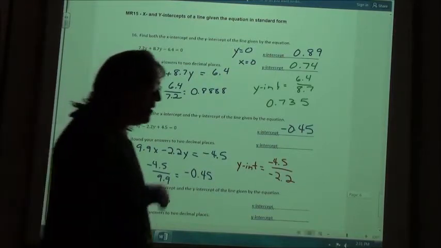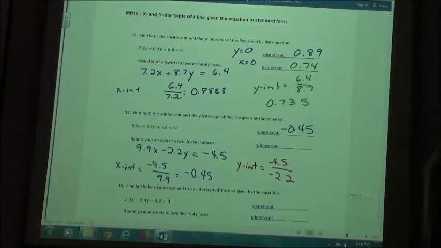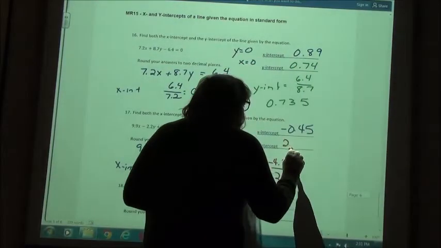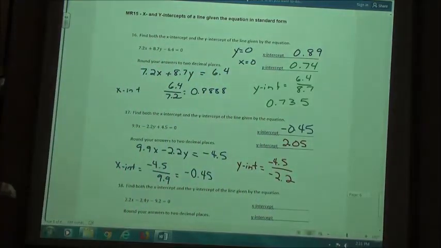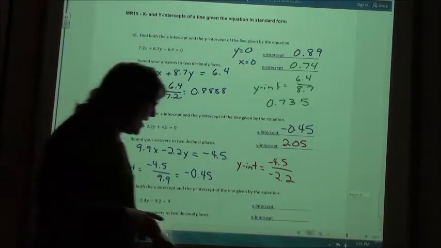And I would end up with what? 2.05. My marker doesn't want to put it exactly where I think it's going to go, and it always looks like it's in a weird spot. 2.05 is what you should get when you round that off to 2 decimal places. Go ahead, do number 18.